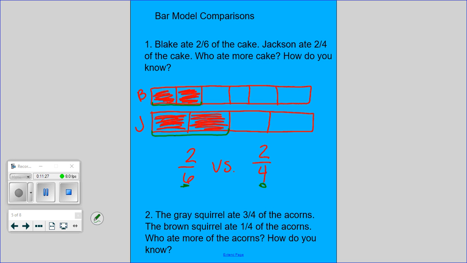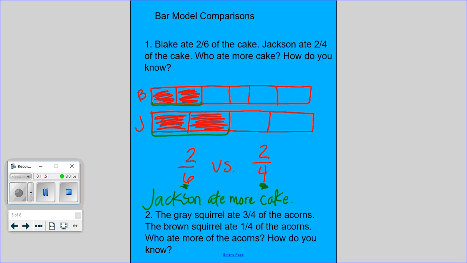So even though 4 is a smaller digit than 6, we still know Jackson ate more. So underneath that, you need to write Jackson ate more cake. And then I want you to tell me a sentence of how you know. We just talked about it.